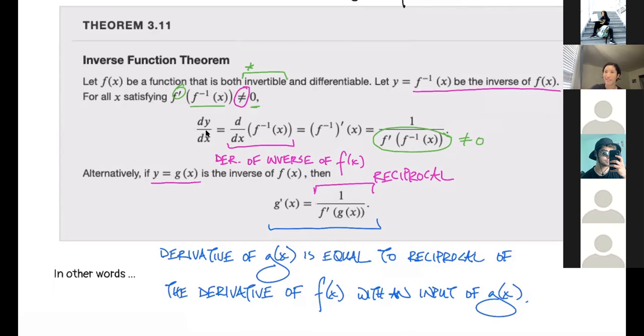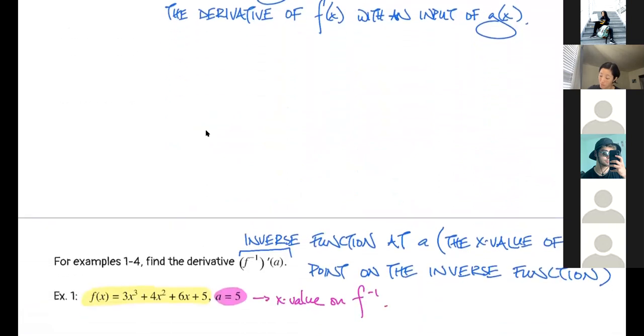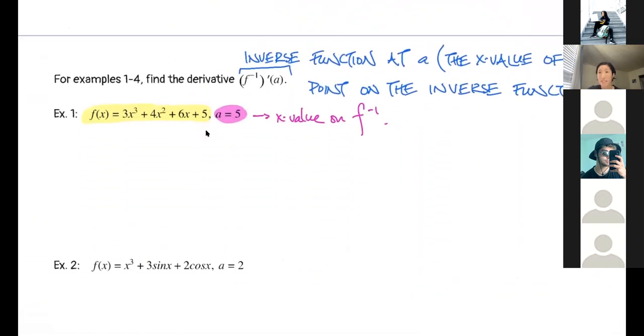How are we feeling? Stuck? Find the inverse and then take the derivative. Okay, cool. So we have this f of x in yellow. How do we find the inverse? Switch x to y.